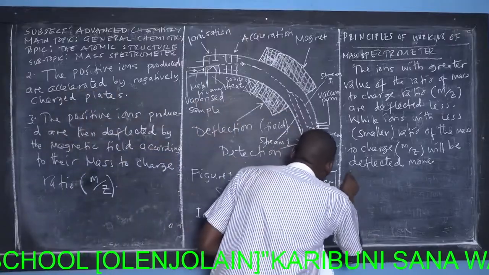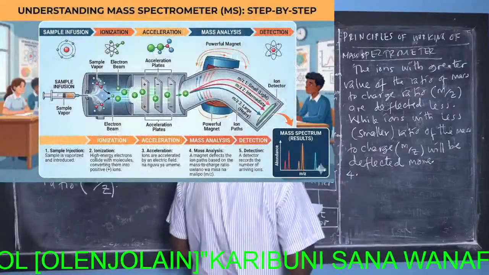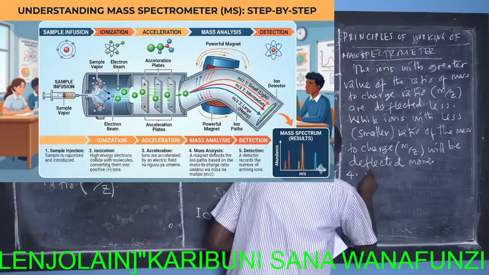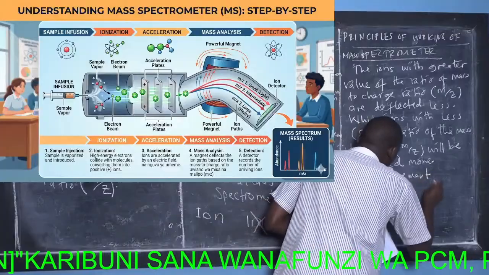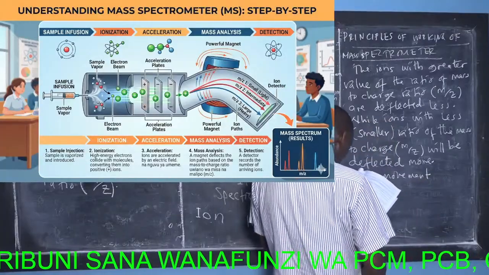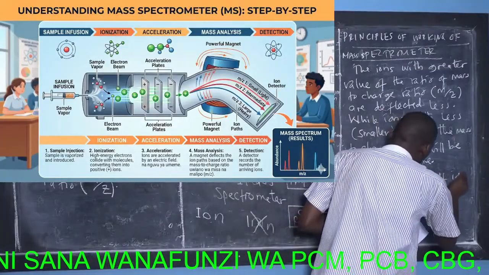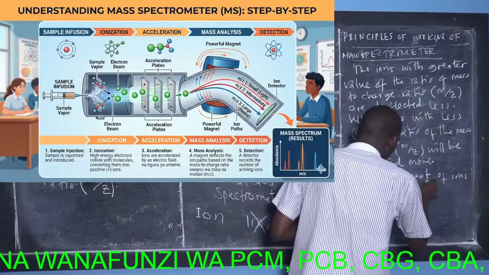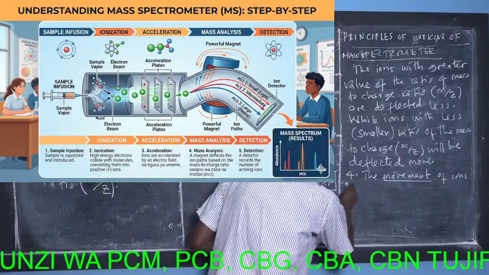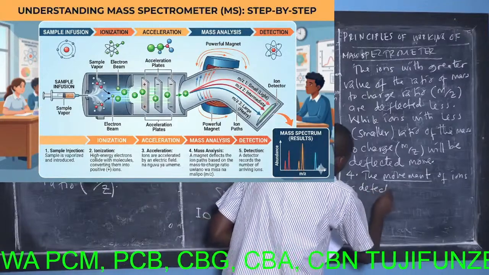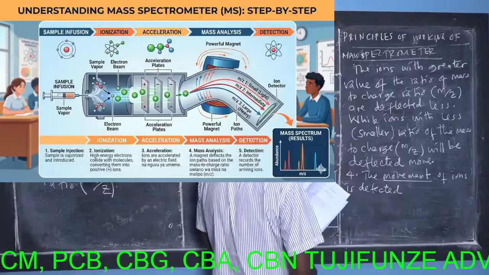So the first principle of working of the mass spectrometer states that the movement of ions is detected. This now discusses the detection chamber.